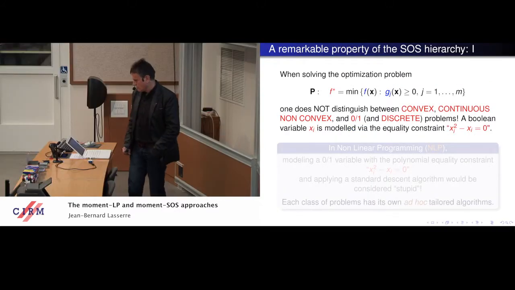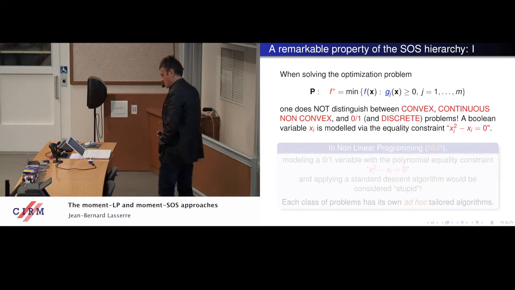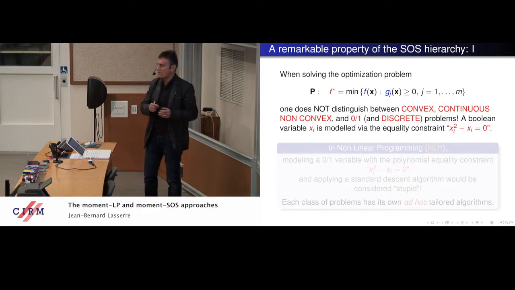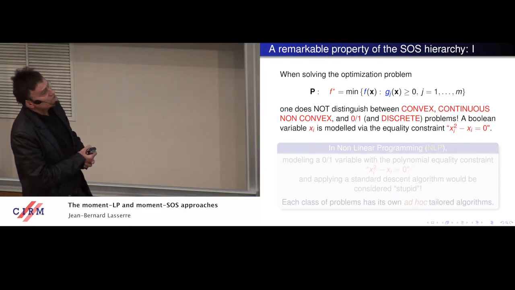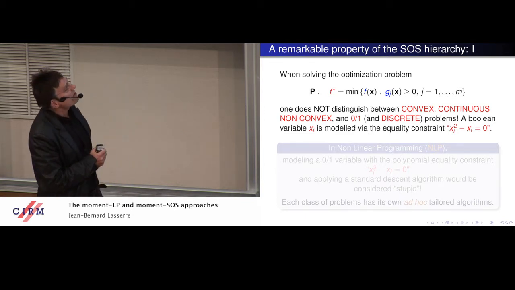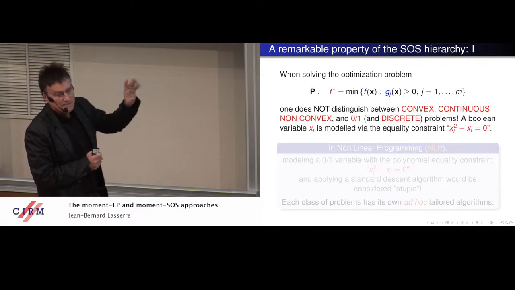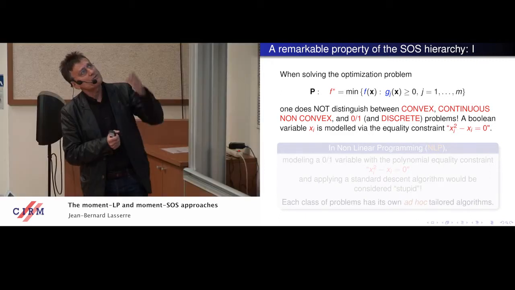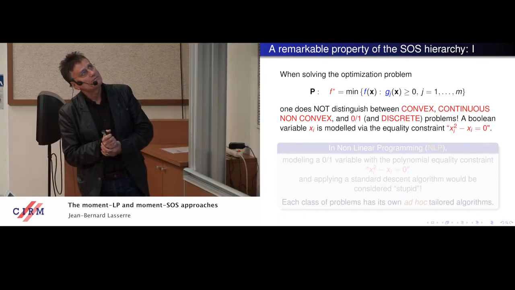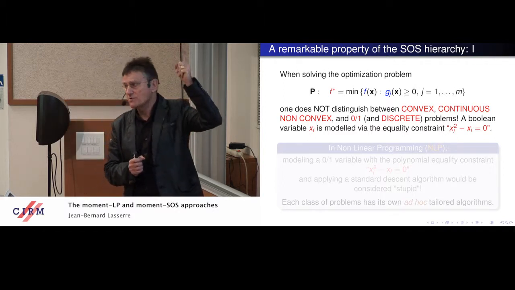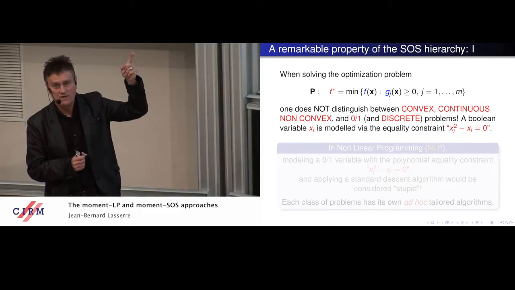But I would like to mention now a remarkable property of the SOS hierarchy compared to the LP hierarchy. It's a property that is not shared by the LP hierarchy. It's really proper to the SOS hierarchy. Well, this first property is common to both, actually. It says the following. When you're solving an optimization problem of this form, with this framework I just mentioned, the way you describe your set K, g_j of x non-negative, think about this.